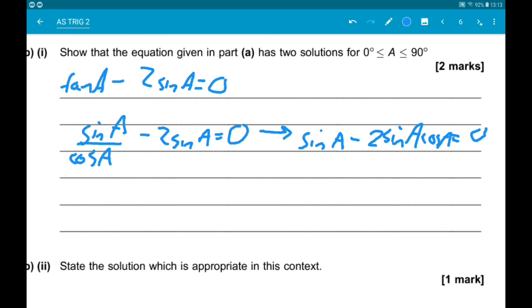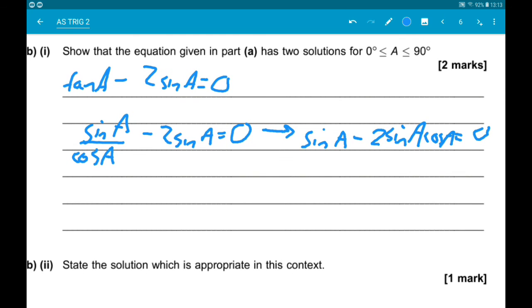Now that has a common factor of sine A, so we can then write this as sine A times 1 minus 2 cos A is equal to 0.